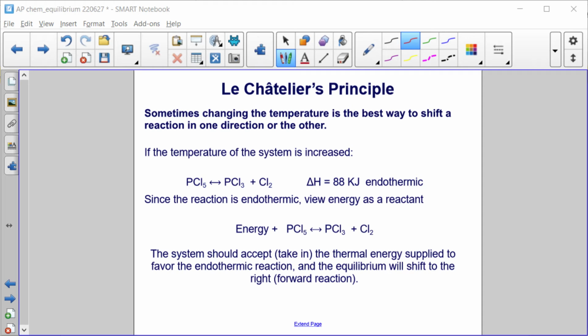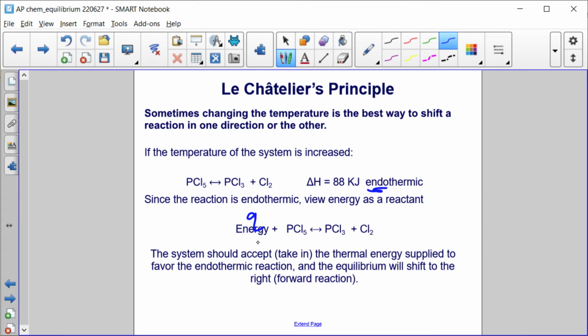Sometimes changing the temperature is the best way to shift a reaction in one direction or the other. In this example, if the temperature of the system is increased, this reaction, it's an endothermic reaction. So the heat, or Q, can be viewed as a reactant.